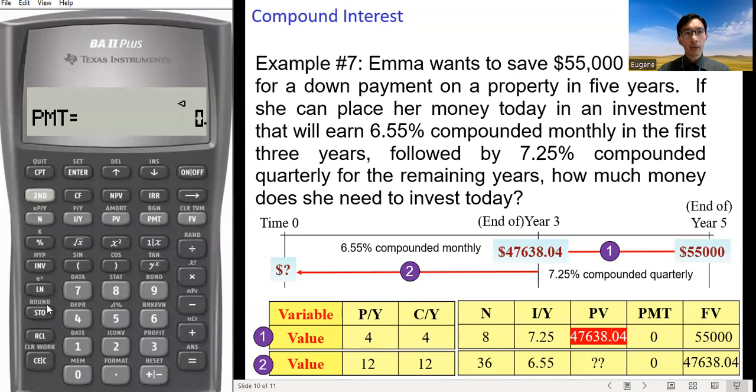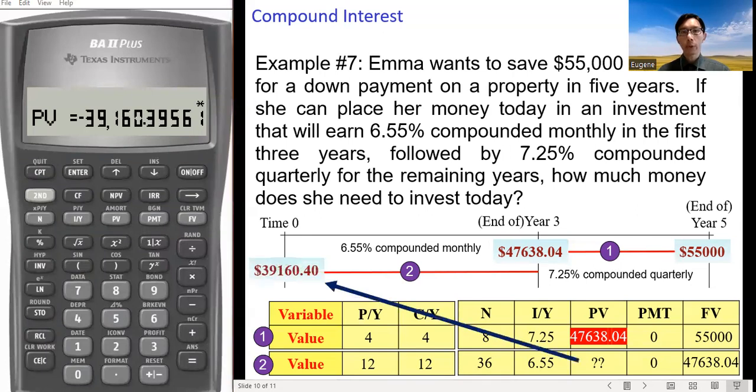And we can recall the value of FV, the RCL button, and then FV, to confirm this is the correct value we have entered. Compute PV. We get the answer. This is the amount Emma needs to invest today.